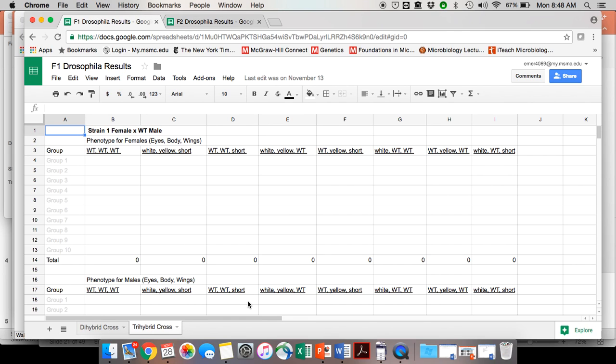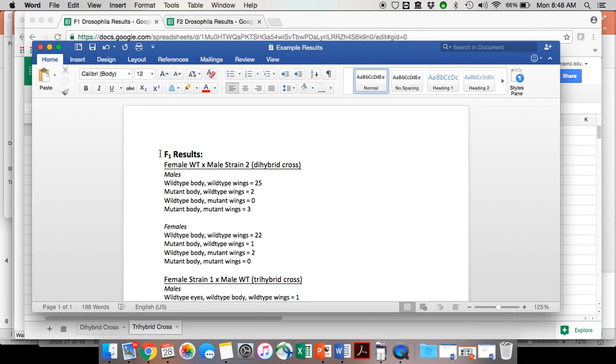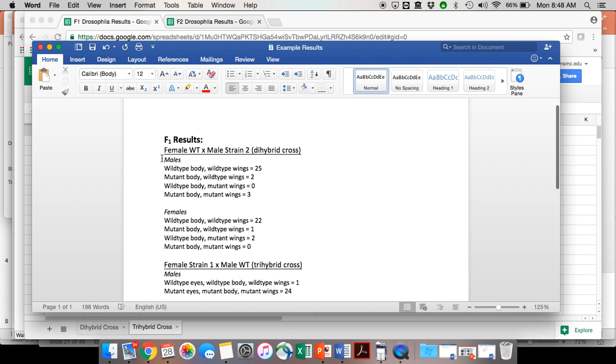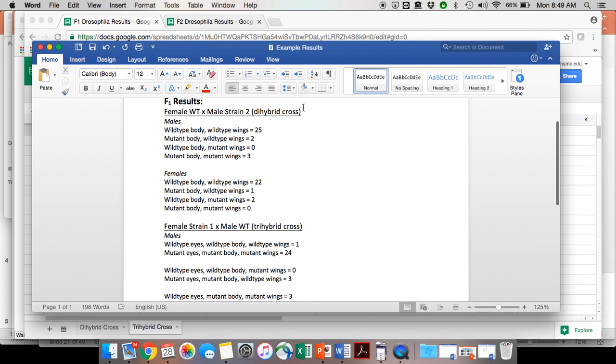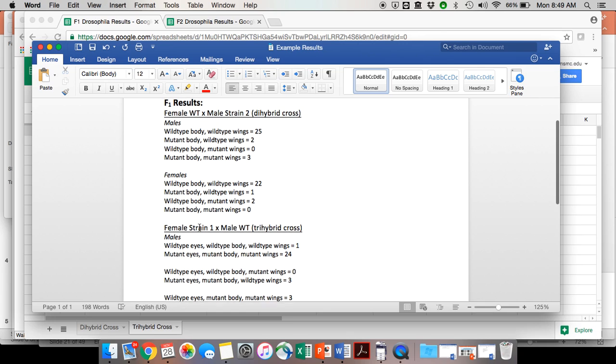So I'm going to walk through how we put this data into these spreadsheets using some sample data that I have right here. I've compiled F1 results here. I've broken it down by my two different crosses: the dihybrid cross, wild type crossed with strain 2, and the trihybrid cross, wild type crossed with strain 1.